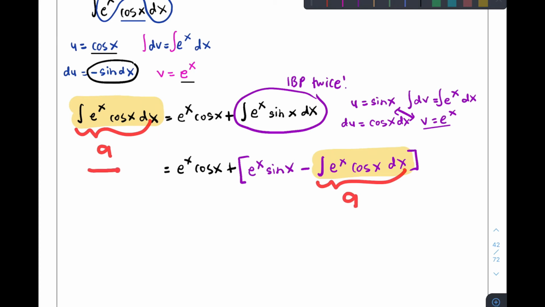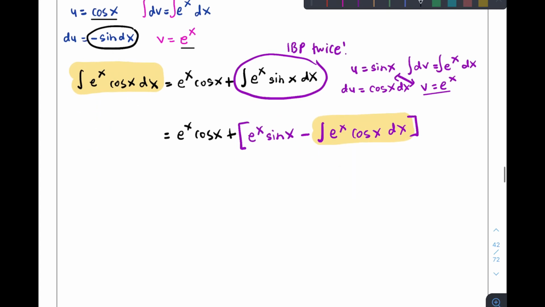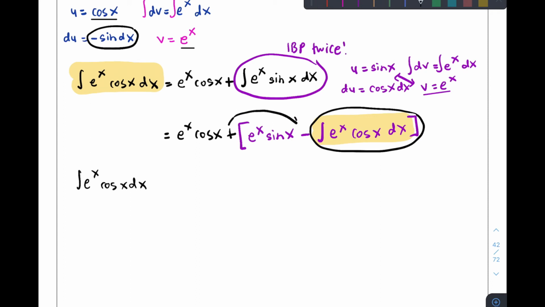One is on the left hand side and one on the right hand side, so bring one to the other side. I bring the integral of e^x cos x dx to the left hand side. What I have is positive, negative, negative, so from a negative on the right hand side, it becomes positive on the left hand side.